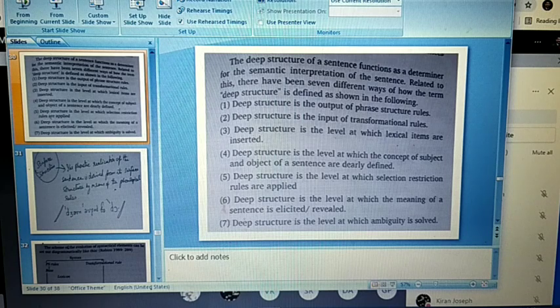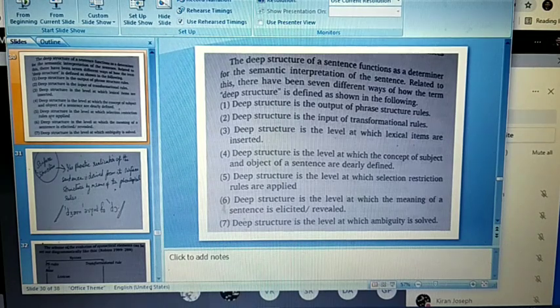Deep structure is the input of transformational rules, and from the deep structure, of course, you understand how you transform the very sentence. Like John opened the door. The door was opened by John. Did John open the door? So deep structure is the input of transformational rules.